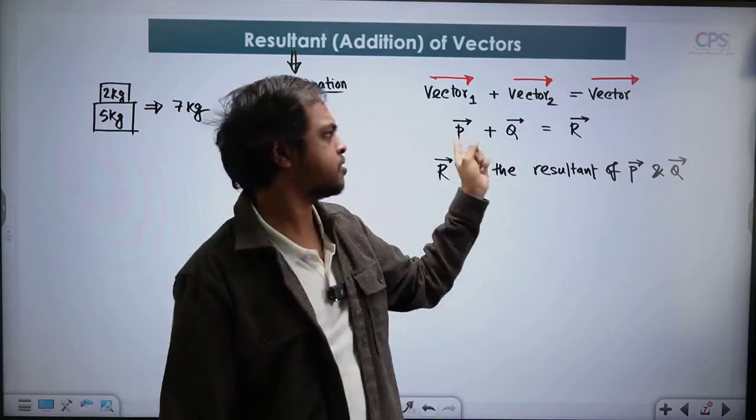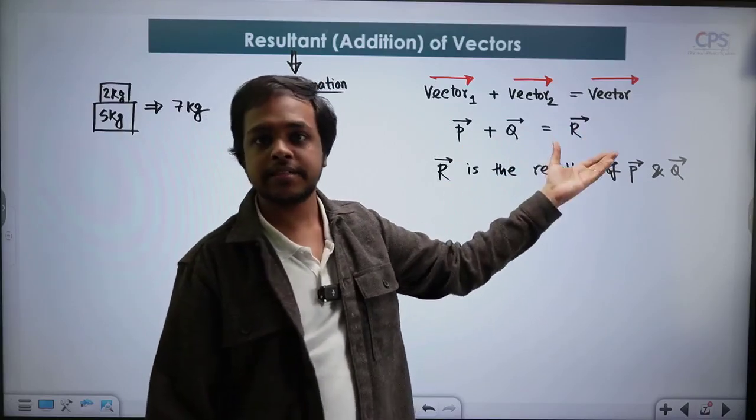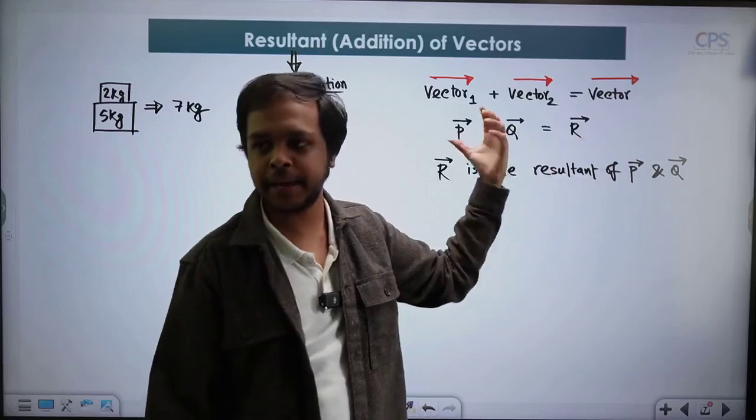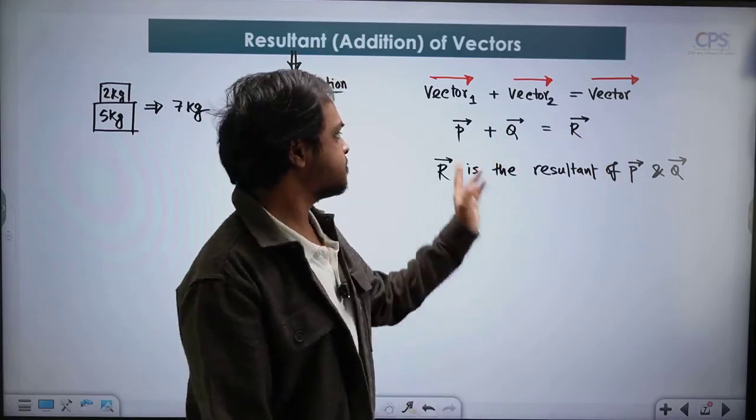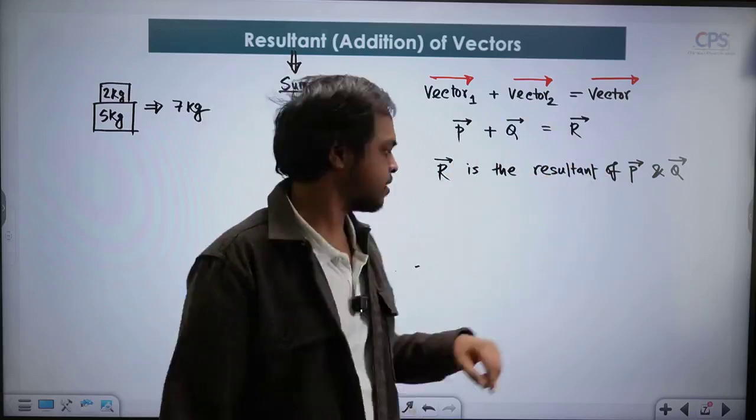So which one is smarter? This one is smarter, right? It takes less space, less ink to write, and less time. So this is mathematically and this is verbally.